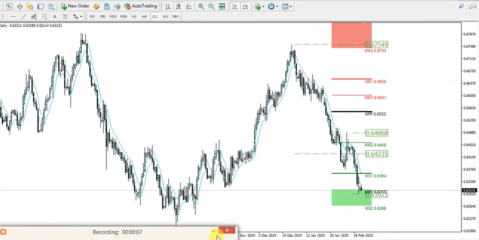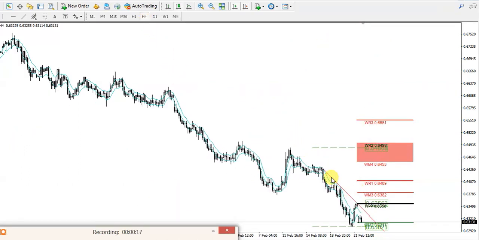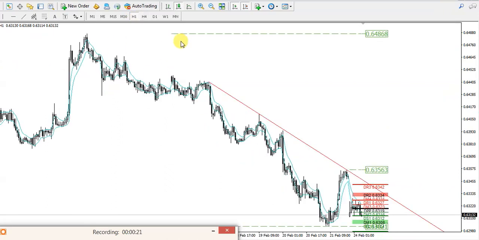And lastly, it's the New Zealand dollar against US dollar, and this currency is pretty much going one way, to the south. If you go to the shorter time frames, we have this nice 4-hour trend line also on the 1-hour time frames.